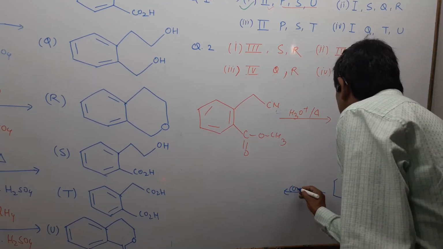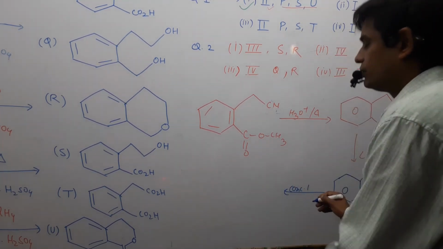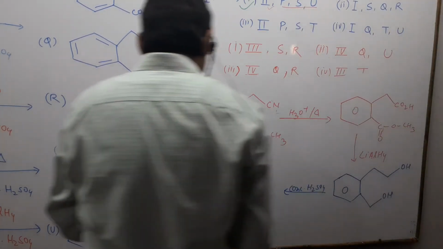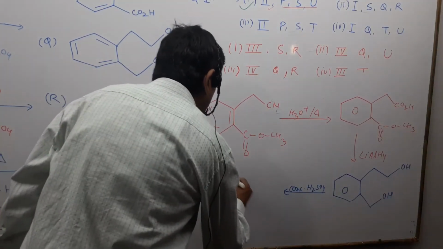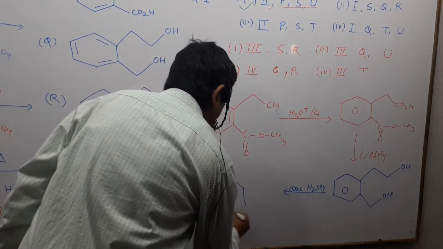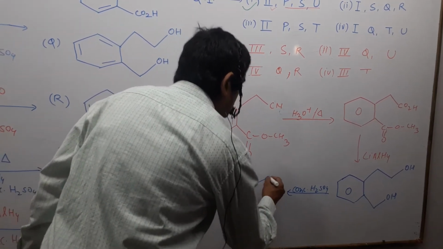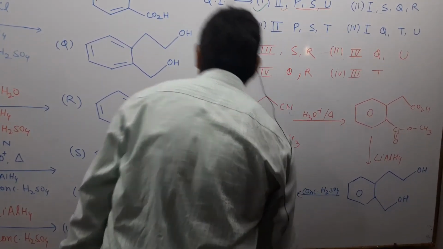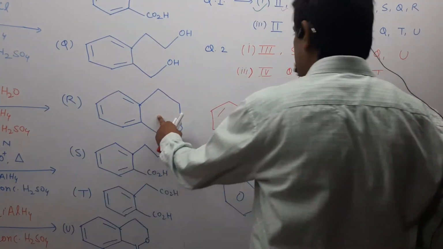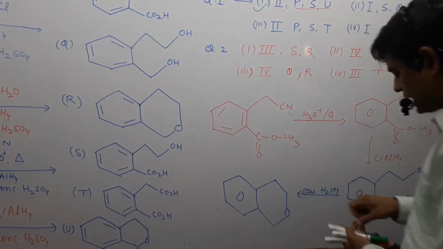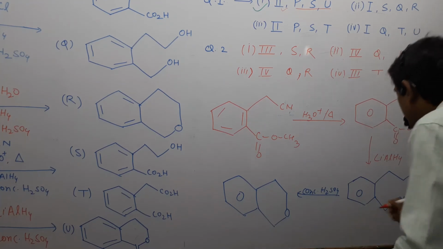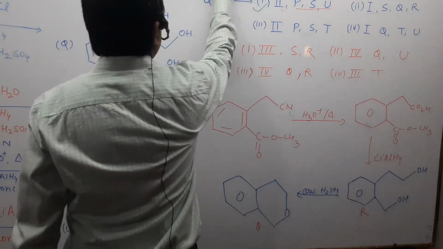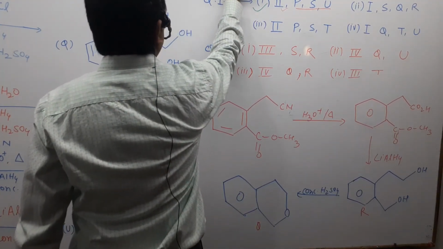So we already did this in the previous question, that means the previous compound, so it will provide a compound like this. So this is R and this is Q. So third will provide R and Q. I am writing here R and Q.